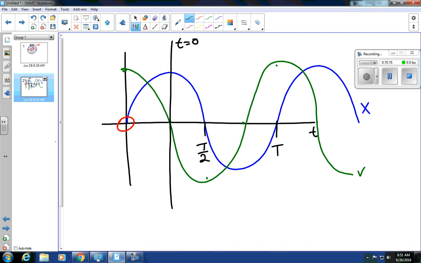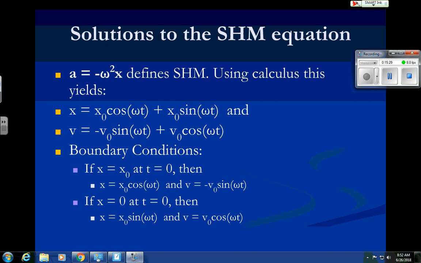And now notice that the position graph, this one, is a cosine curve, and the velocity graph is a negative sine curve. Let's see if that works out with the equations. So here we are. If at t equals 0 we're at maximum displacement, then the position is a cosine graph, and the velocity is a negative sine graph. So that's one way of looking at how these equations come to be.